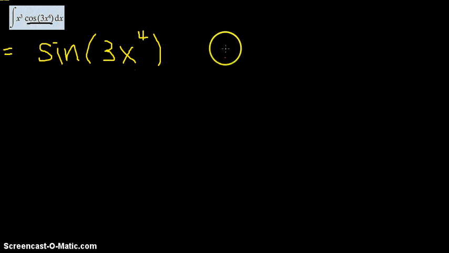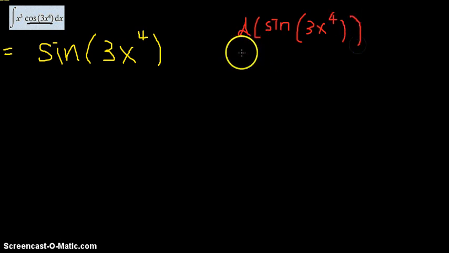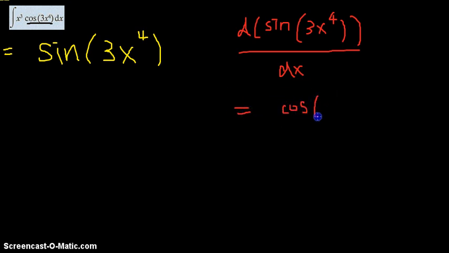So when I differentiate sine of 3x to the power 4 with respect to x, I will get the cosine of 3x to the power 4 that I wanted.